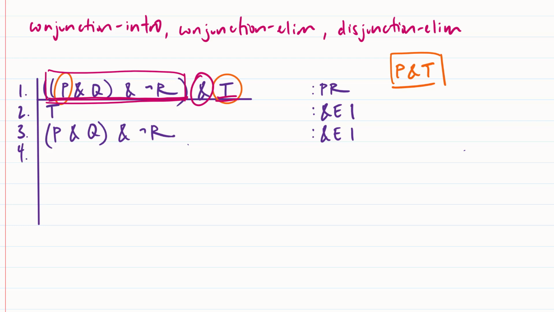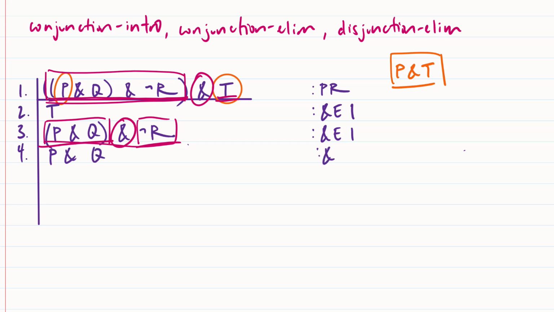Okay, now that we do have this on line 3, this is the main connective, and so we can put either this, P and Q, or not R on line 4. And what we want is P and Q, so we'll put that there.